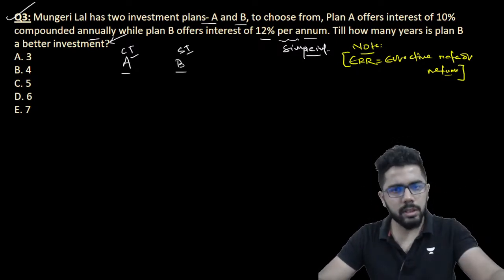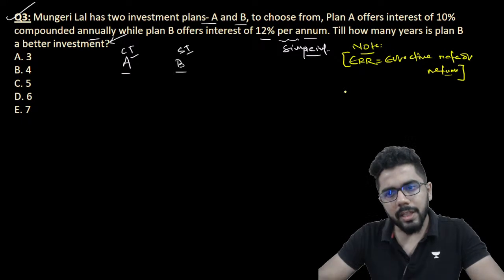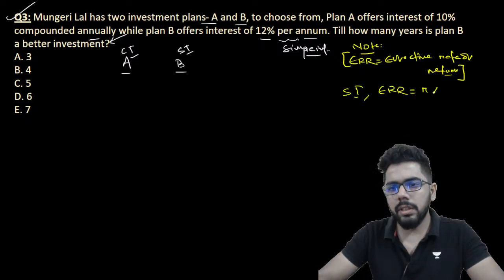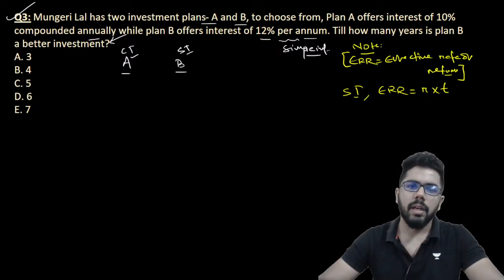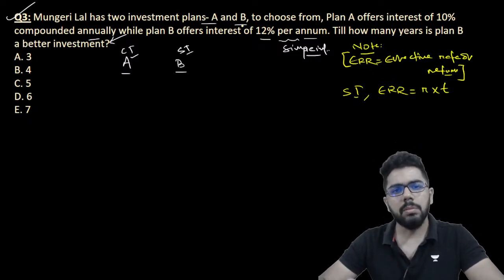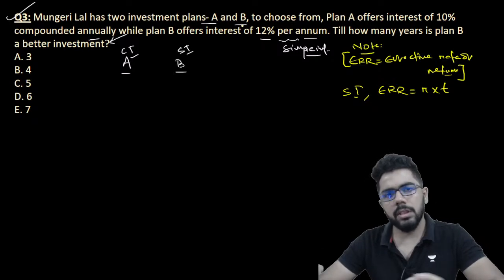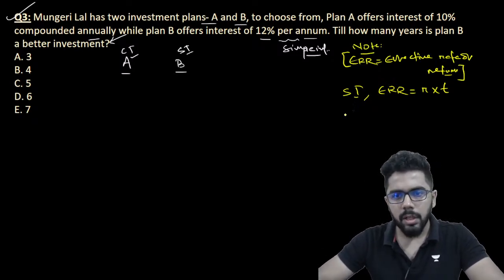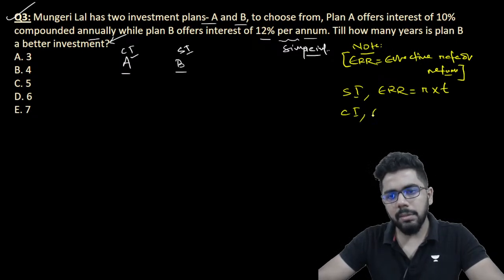That overall thing is ERR. So in case of SI, calculating ERR is very easy. Simple rate of interest into time period. Every year 12%. So 1 year में 12%, 2 year में 24%, 3 year में 36%, 4 year में 48% and so on.